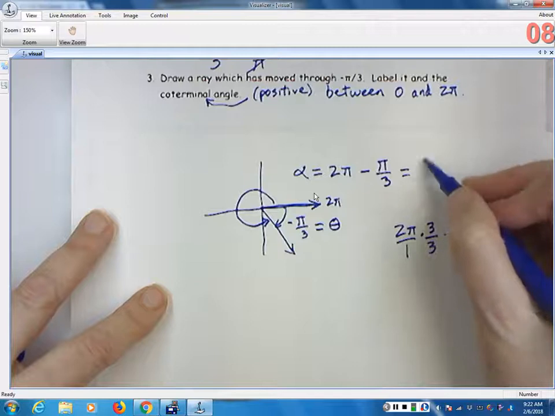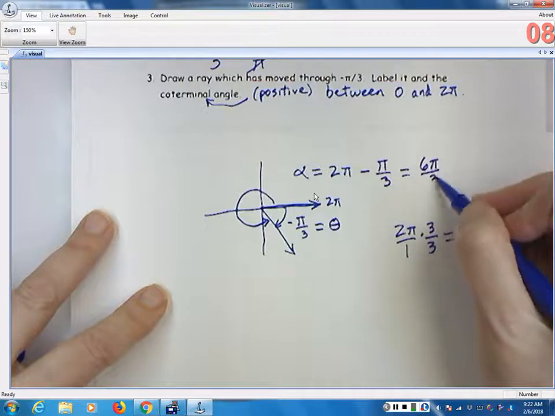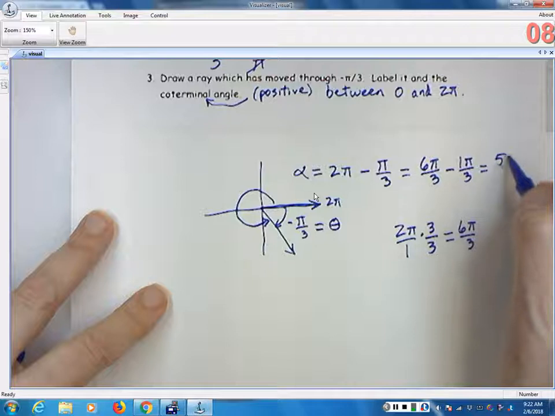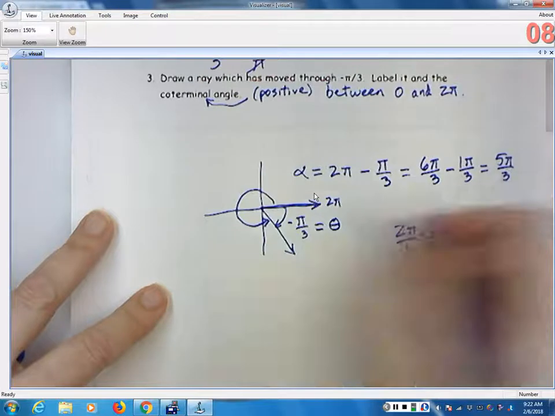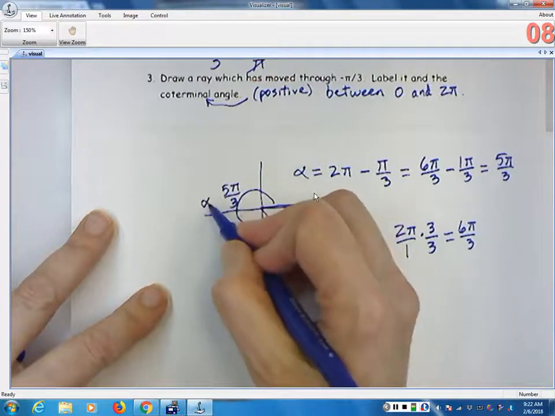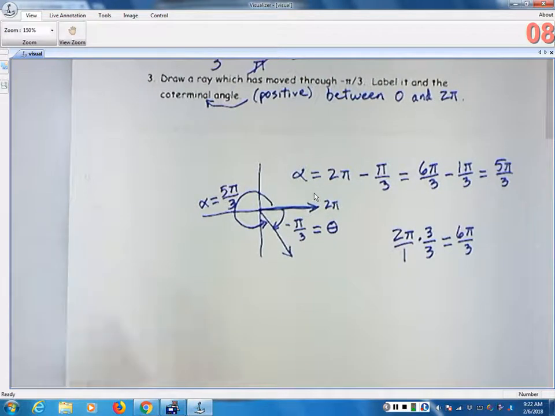So that's 6 pi over 3 minus 1 pi over 3 is 5 pi over 3. Label it. That's the coterminal angle. Okay? Make sense?